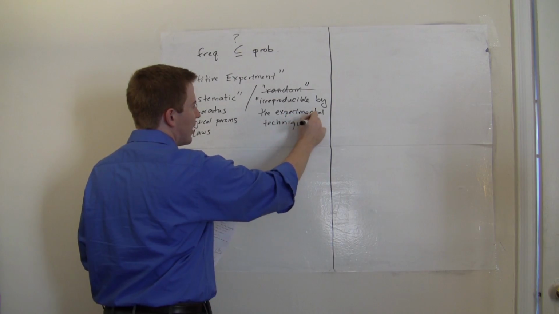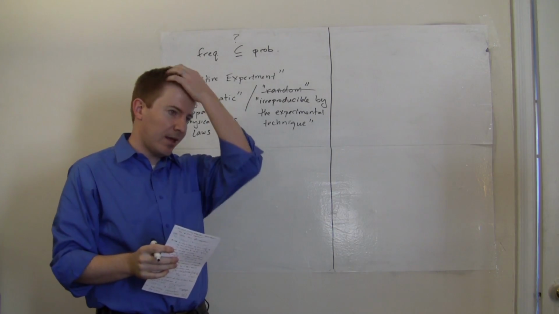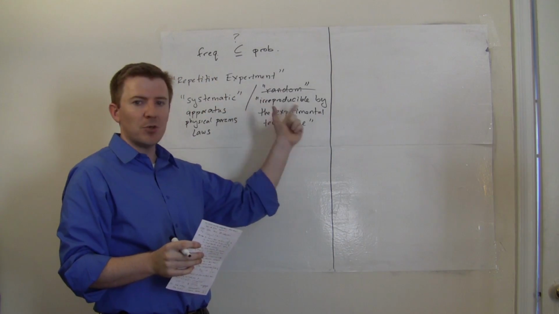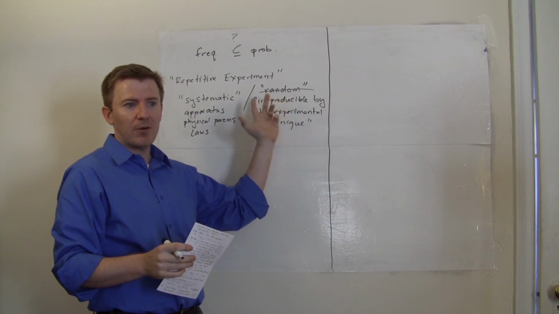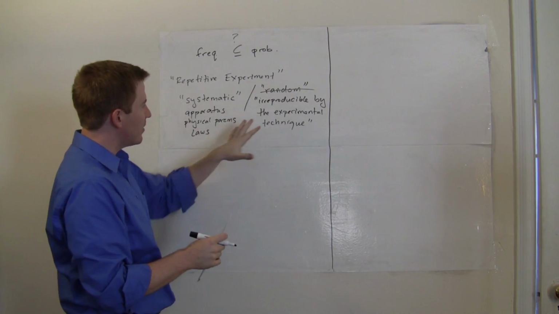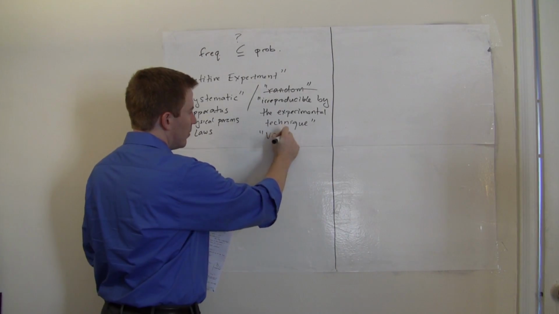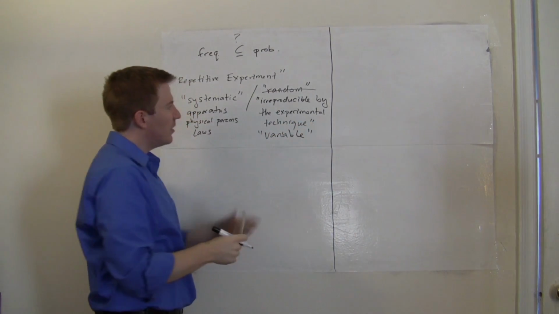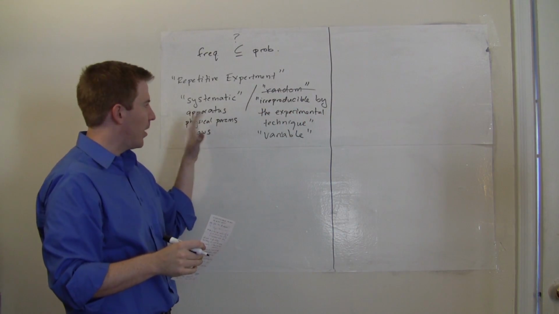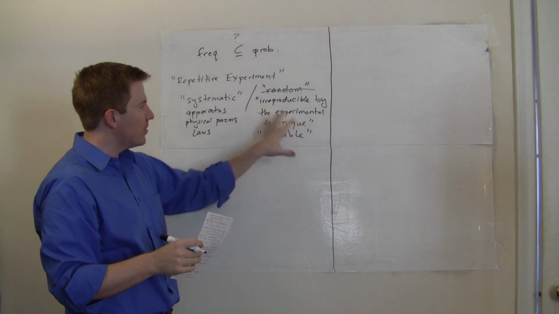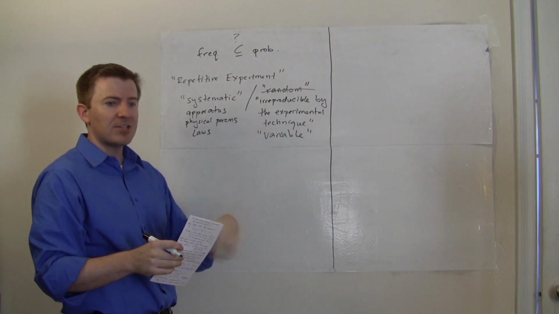I think it's just to emphasize that maybe if we designed the experiment a little bit better, or in some other way, we might actually be able to control some of these factors that we think of as uncontrollable, or variable. So basically the fluctuation or the variability in whatever other factors are left over that aren't held constant from trial to trial, this is what's going to account for the different results that we get each time we do the experiment.